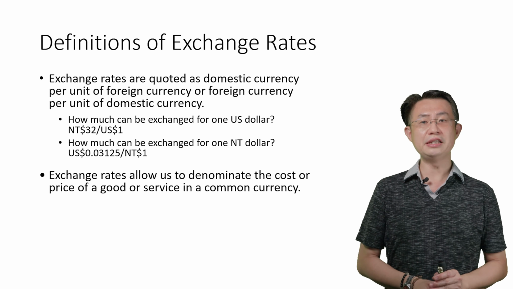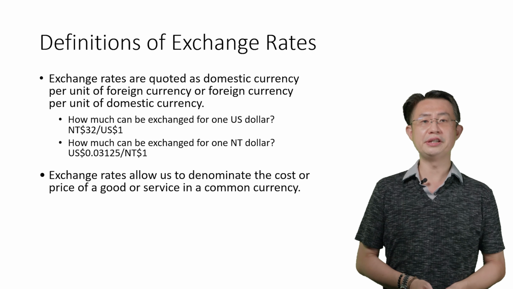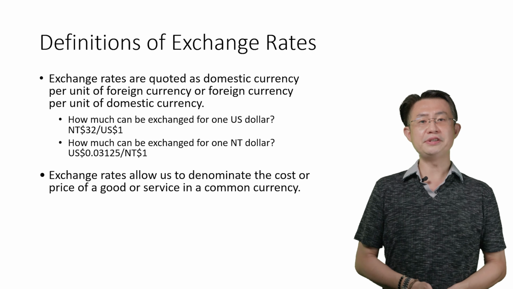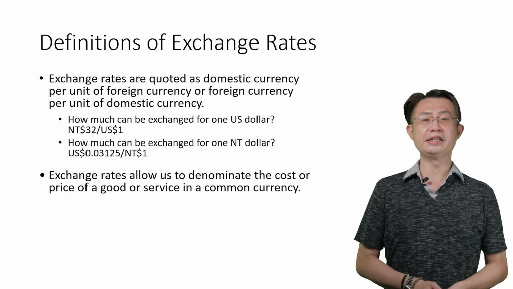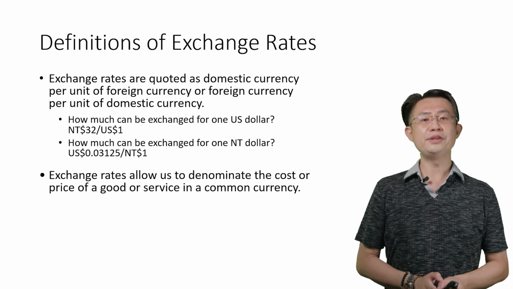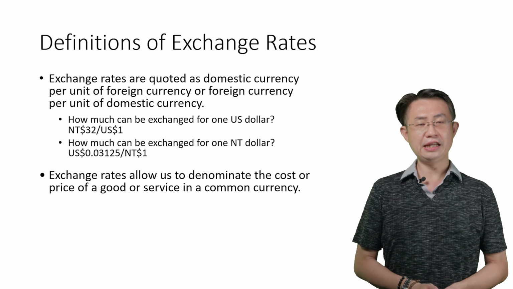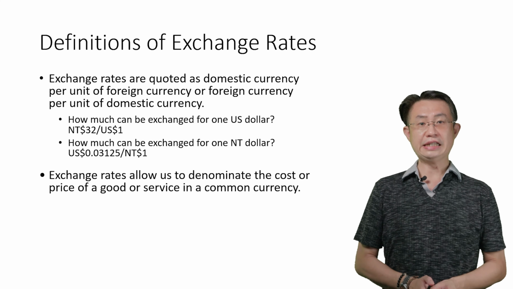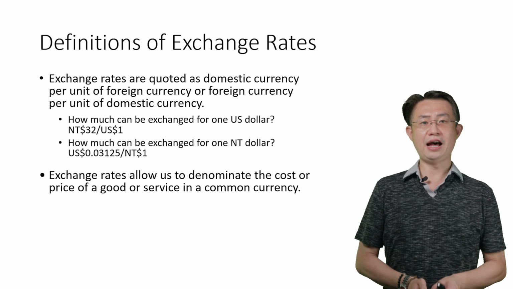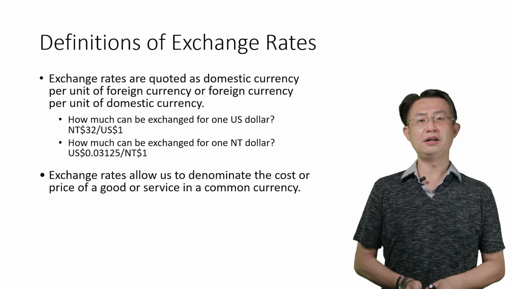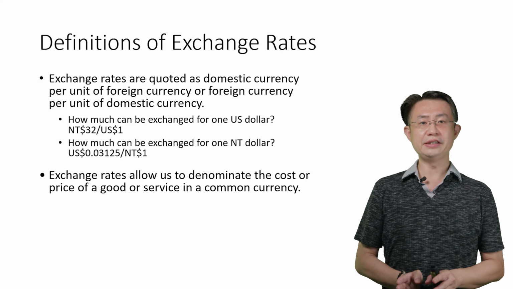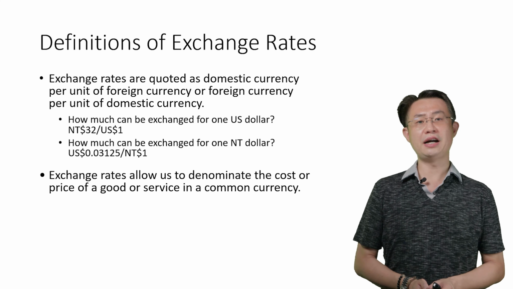We can measure the price in a common currency. It's very important. For example, if today's exchange rate equals 30, 30 means 1 US dollar can buy 30 NT dollars. So in this case, the Asus notebook sold in the US, the price is 1,000 US dollars.